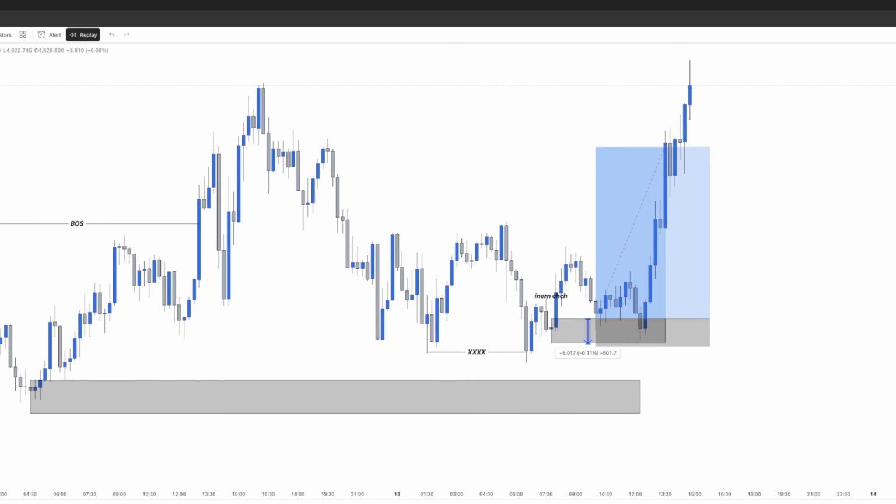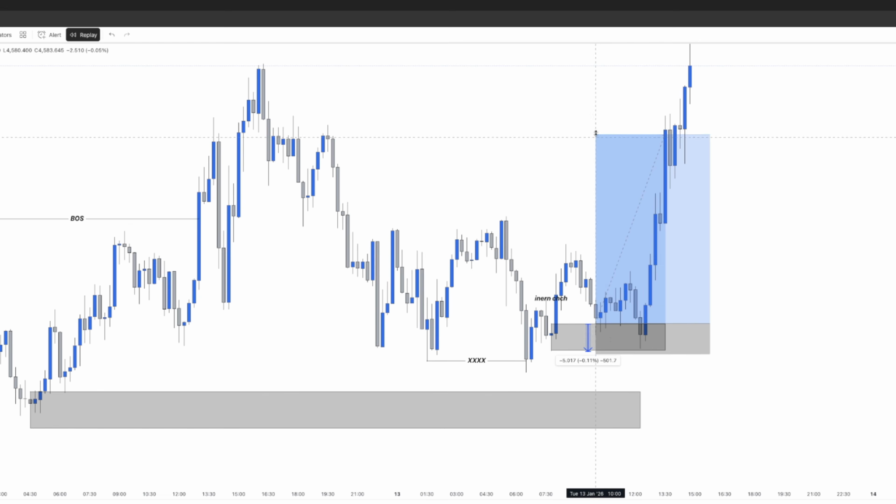Now, why did I say this would be a TP around here? I think you can see when the market reached this zone, it reacted as if it was going to drop down. So these are the same reasons as to why you should consider some zones as your take profits, because they may hinder the movement of the market in the direction that you thought the market is going to continue to go, because maybe the zone has another block with imbalance and all that, and it can maybe reverse from that zone.